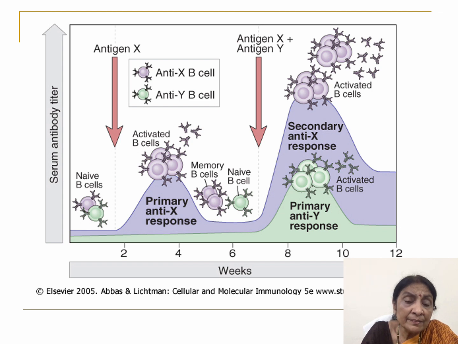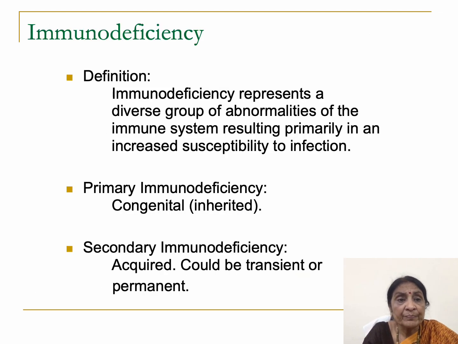When there is exposure to X antigen, there's primary X response. When there is exposure to Y and X antigen, the memory B cells get stimulated and they have secondary anti-X response, whereas naive B cells get stimulated to give the primary Y response.